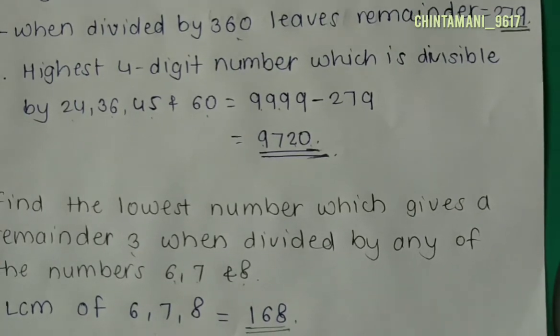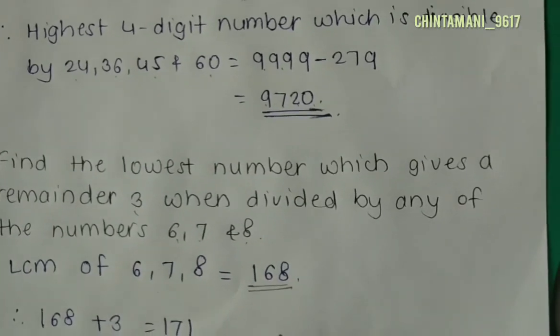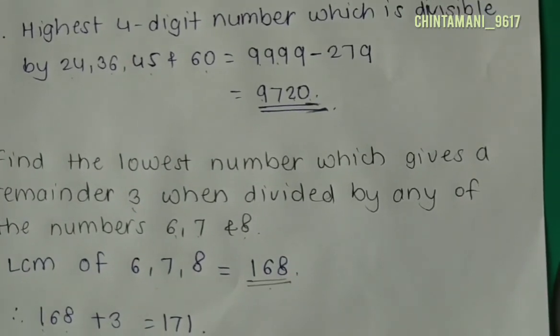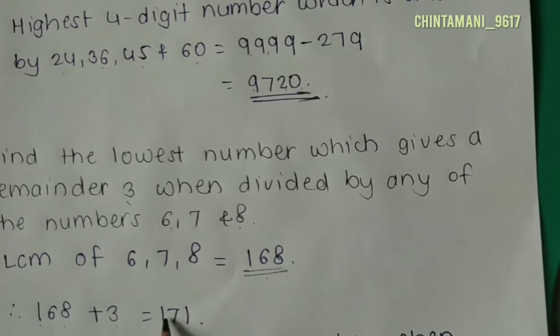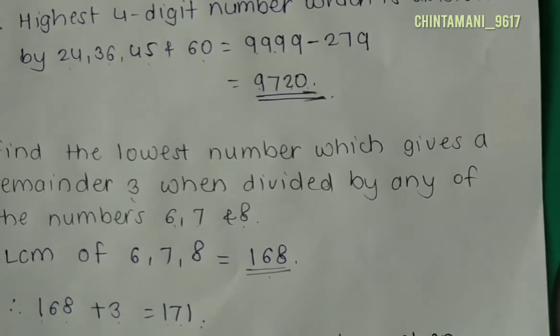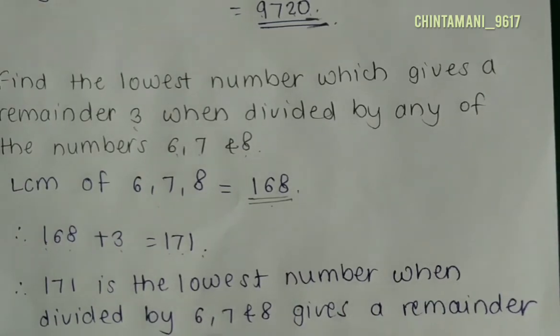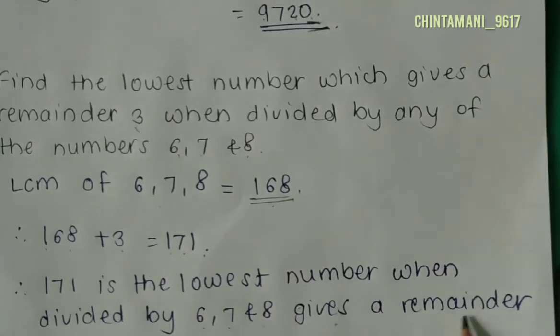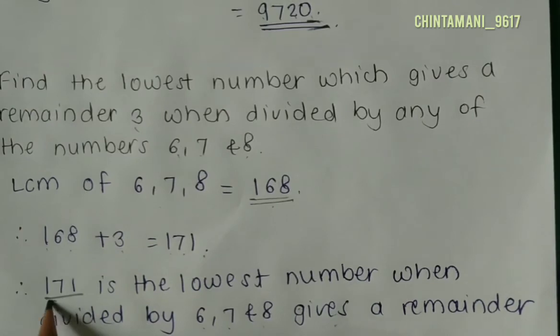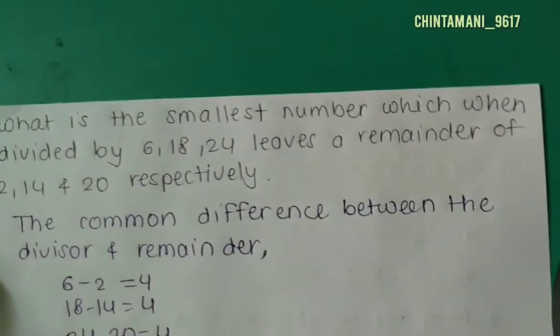So we just add the remainder to our LCM, that is 168 plus 3 is equal to 171. So the lowest number which, when divided by 6, 7, 8, gives a remainder 3 is 171. As simple as that.